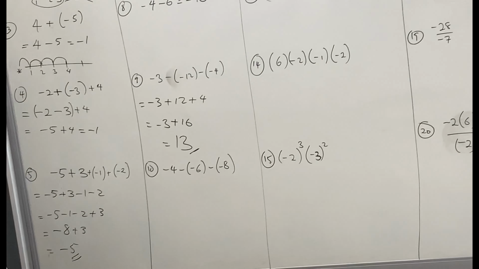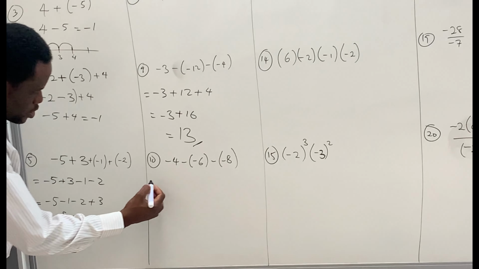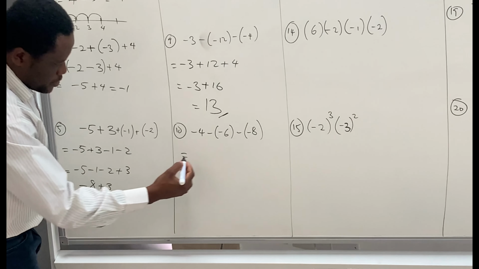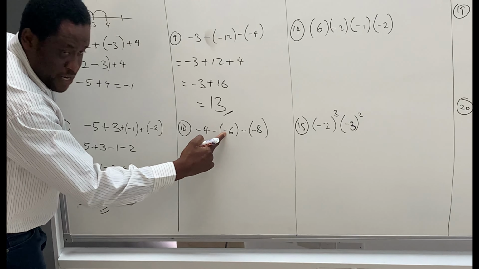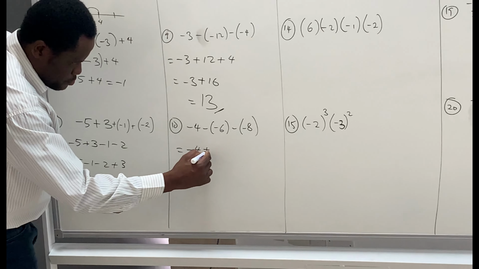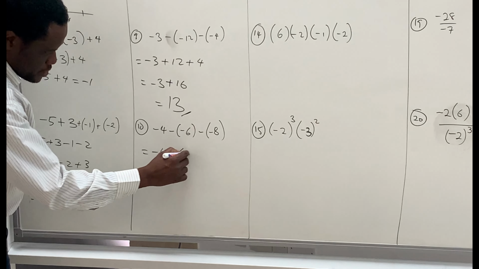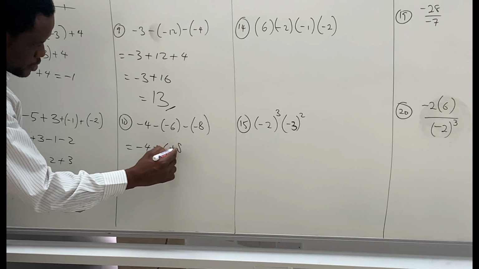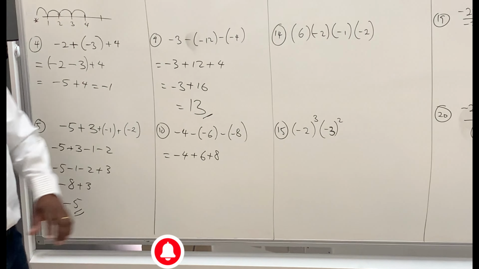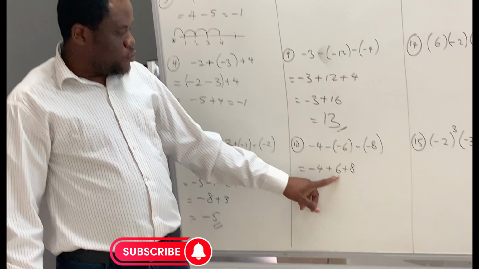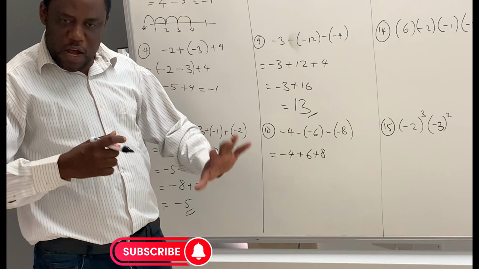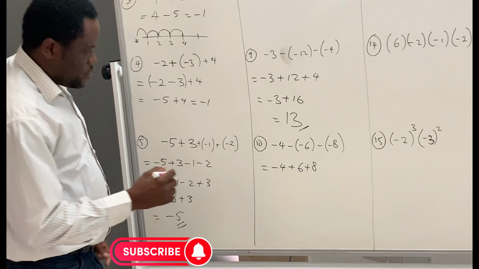Okay, the last question on the second column. Again, open all the brackets. Minus minus is plus. Minus minus again is plus 8. So, in this case, you are owing 4, you have 6, you have 8. So, all the money you have with you, add them together.